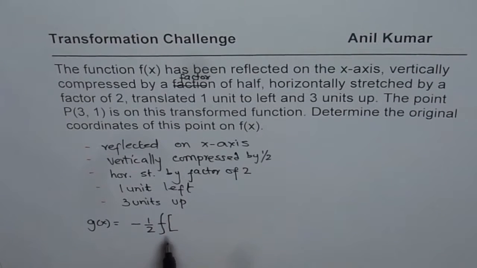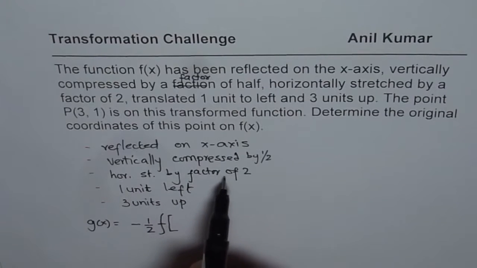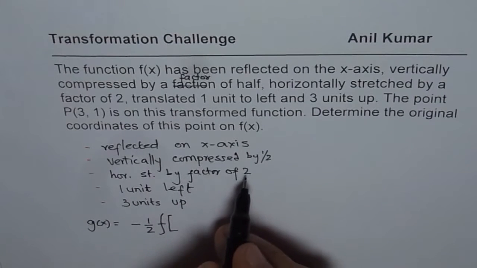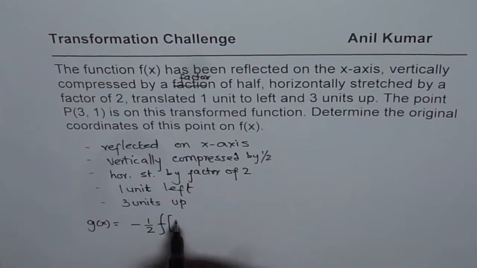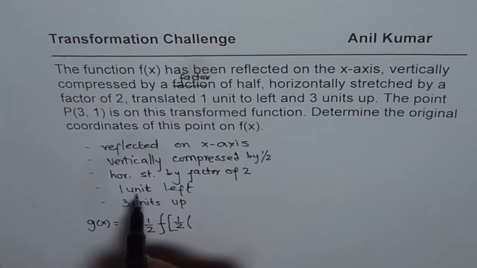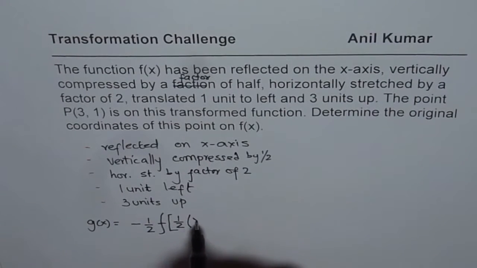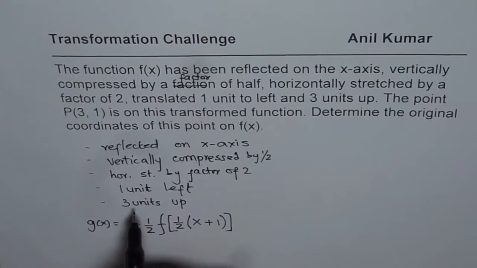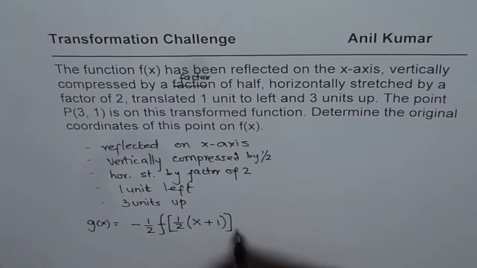Inside that, horizontally stretched by a factor of 2 means 1 over 2, and in the bracket, 1 unit left means x plus 1, and 3 units up means plus 3.